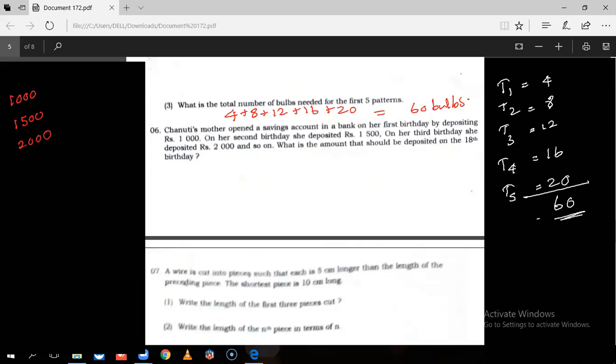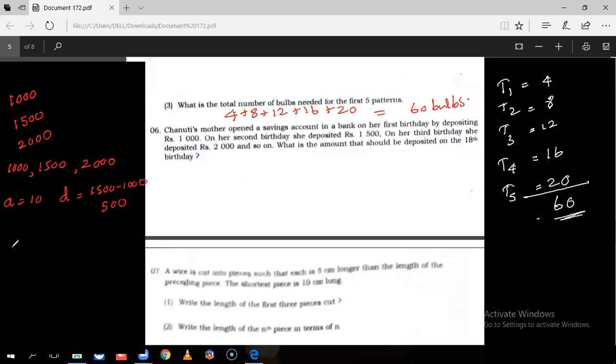First, we have to find the general term. Let's see: 1,000, 1,500, 2,000. First term A equals 1,000. Common difference 500, that is 1,500 minus 1,000, which is 500.